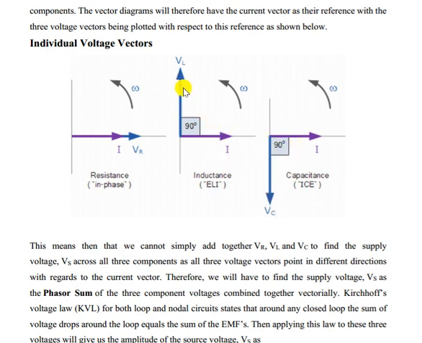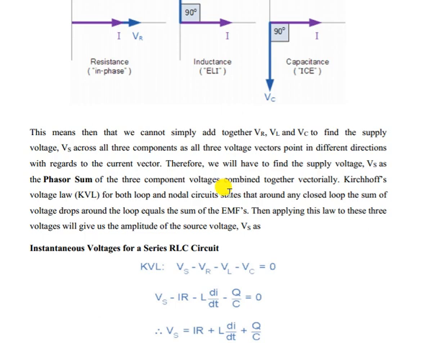This is I, VL is leading, here I is leading, and anticlockwise is the omega direction. Now you can remember ELI and ICE. ICE means for the capacitor I leads the voltage E, and for the inductor ELI, the voltage E is leading I. So this is the way you can remember that.